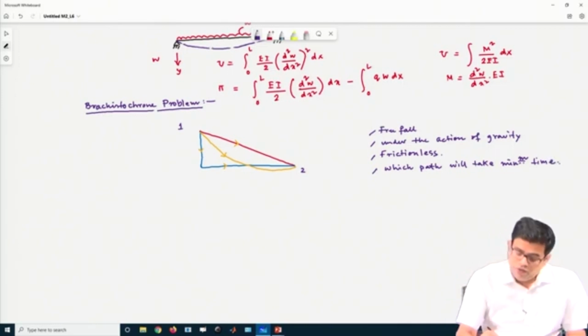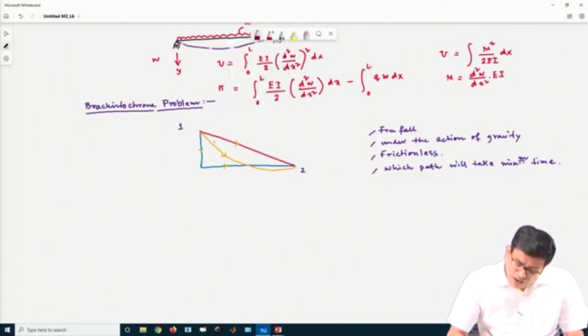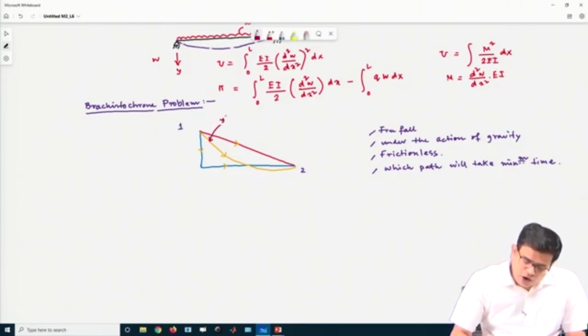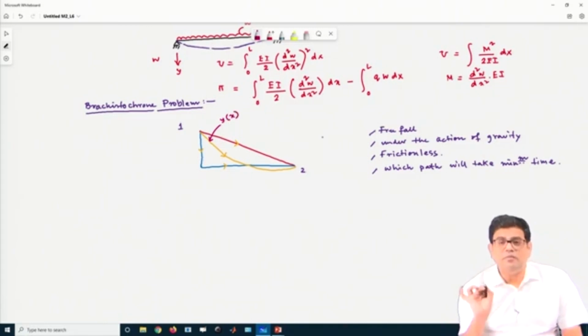Now if you look carefully, suppose this is my optimal path. What do you mean by optimal? Optimal means that it takes the minimum time.